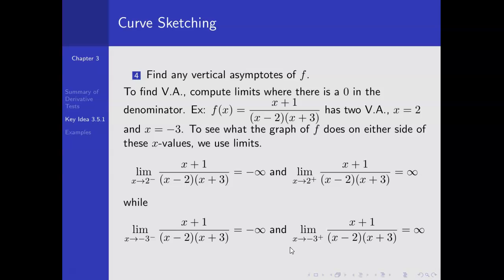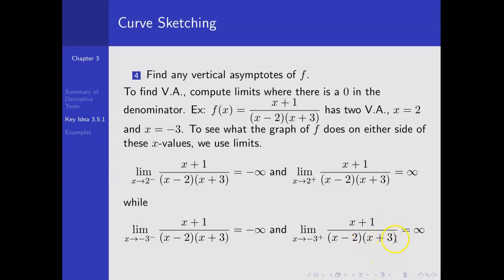Likewise, when we look at x approaching negative 3 from above, we want a number that is close to negative 3, but just a little bit above it on the number line. So something like negative 2.9. When we plug into the numerator, that's going to give us negative. When we plug into the denominator in x minus 2, that's going to give us negative.